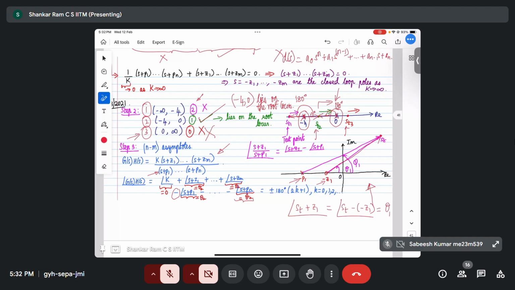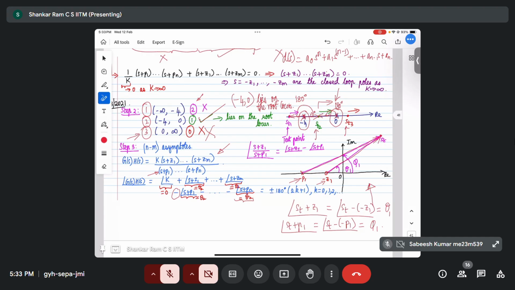Similarly, if we want the angle of st plus p1, it is the angle made by the vector drawn from minus p1 to st, which is this vector, and that angle we have labeled as phi 1. I hope it's clear how we got these angles.